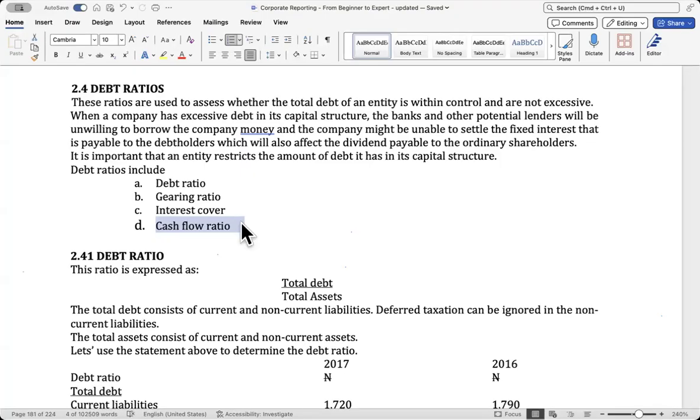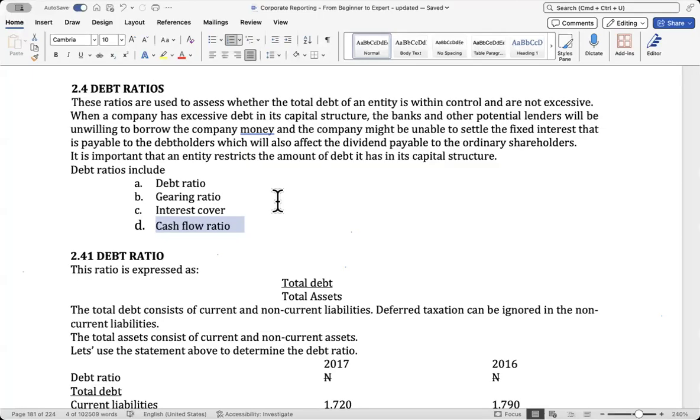And this cash flow you're talking about is not your cash balance, because that cash balance might just be the money you just borrowed also. So it's always the cash flow from operating activities, the cash flow you generated from your operations. That is the one we look at, not your cash in hand or your cash at bank.